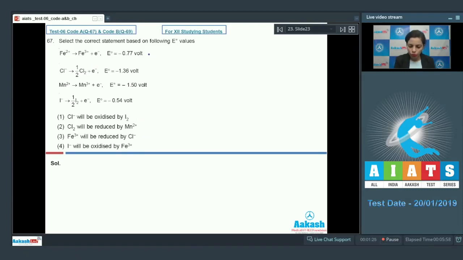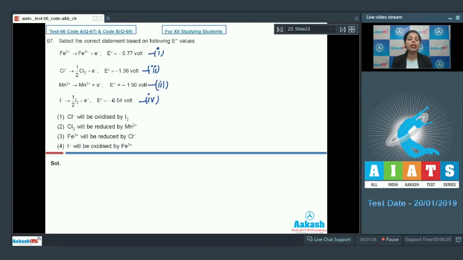Say this is expression 1, this is 2, further we have the third half reaction, then the fourth one. And we have to just compare the E0 value. Whenever we talk about a particular process, suppose option 1, Cl negative will be oxidized by I2, it means we need to compare the half reactions second and fourth.